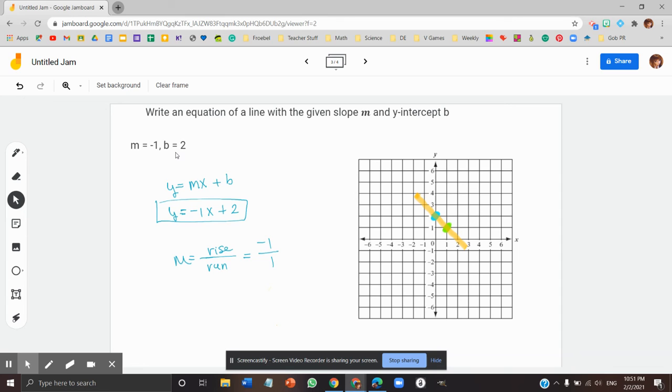We are also going to be talking about graphing each one of those, and writing the equation, just like we're doing now, with the information given. Maybe I'm going to give you some other type of information: the slope, the intercept, maybe a point in that graph, and then you can find the slope using the slope formula. And that would be it.